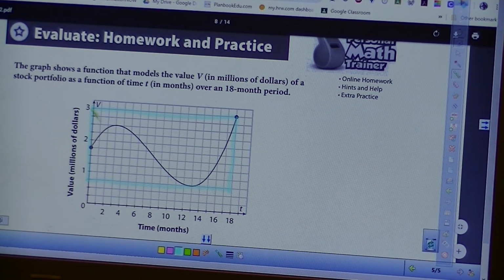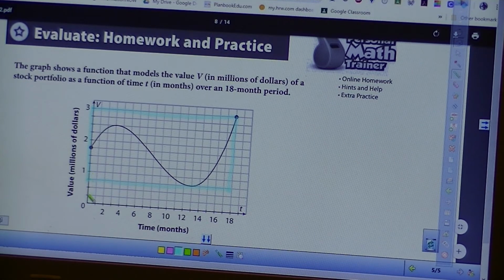So when we get to the domain, our domain is going to start on the left-hand side, or 0, and the right-hand side, the 18, will be the top of the domain, right? So the domain will go from 0 to 18, and then the range is going to start here. Let's see, what is this?